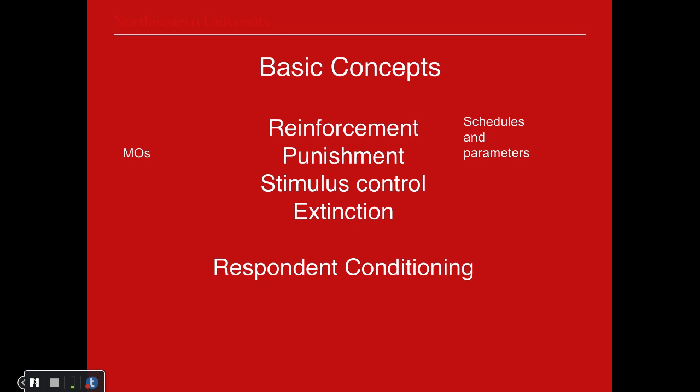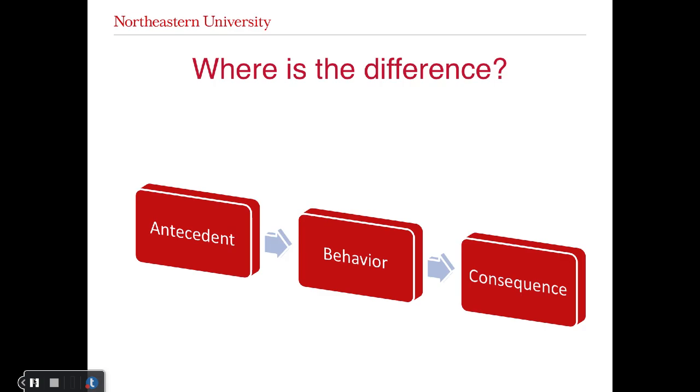This week you're going to read about a number of different analyses and interventions that will incorporate the different aspects of operant conditioning. So what you want to be able to do is to first identify where the difference is.